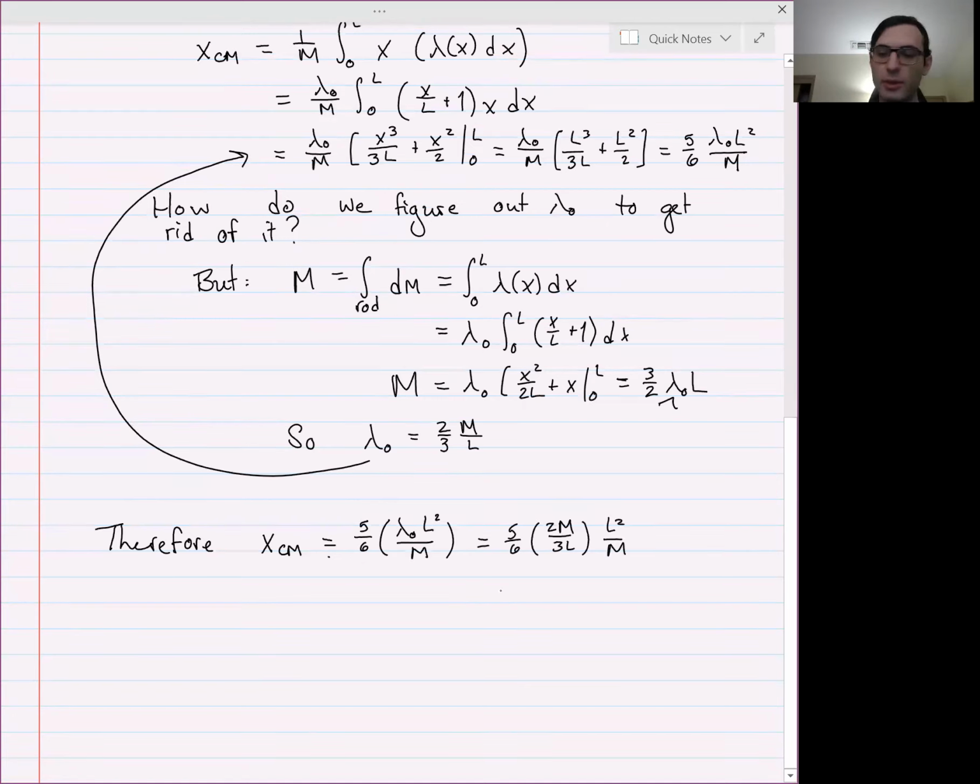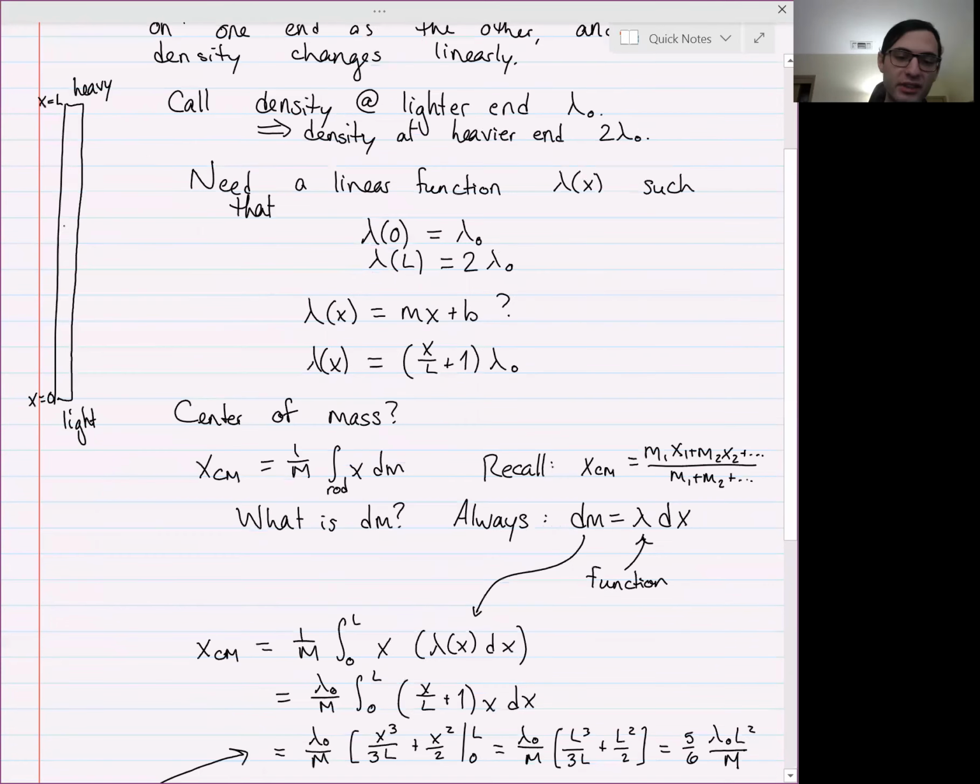And so we can simplify and you get 10 up top, 18 down below, you get 5L over 9. And so this is the position of the center of mass. It is 5L over 9 units above the bottom. And so that would be just about 56% up. So this would be the center of mass.